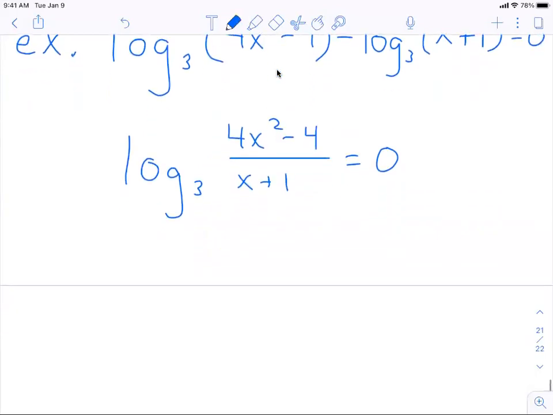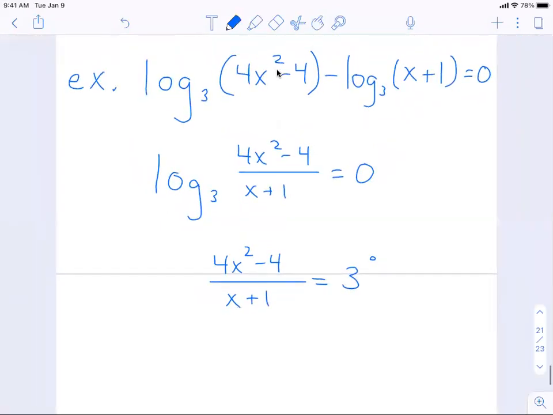Now I'll write it in exponential form. So we have 4x squared minus 4 over x plus 1 is equal to 3 to the 0 power. Base moves over, that moves up.